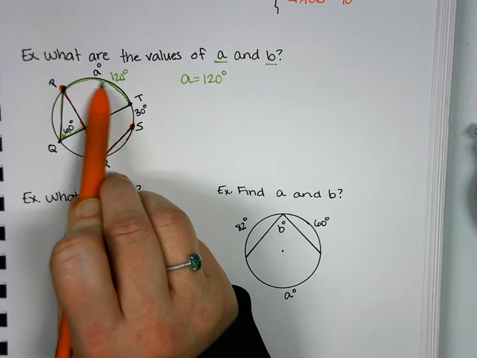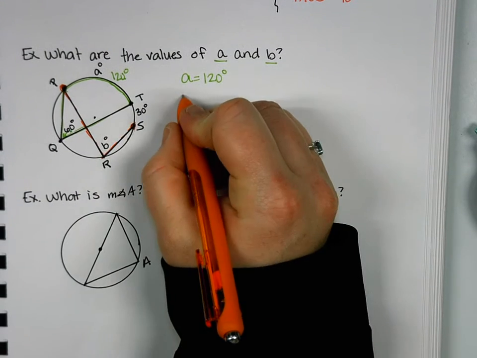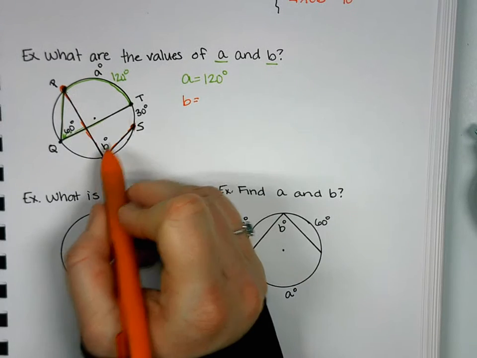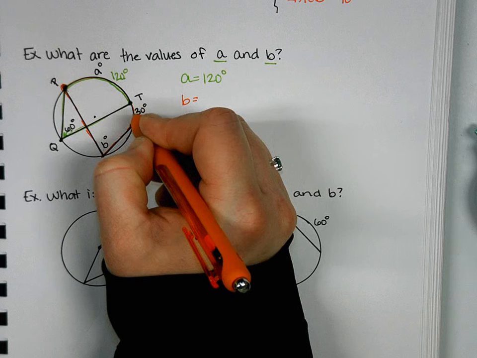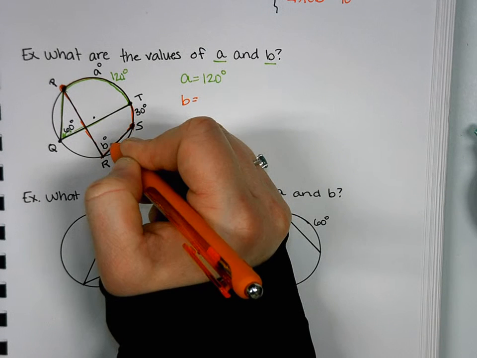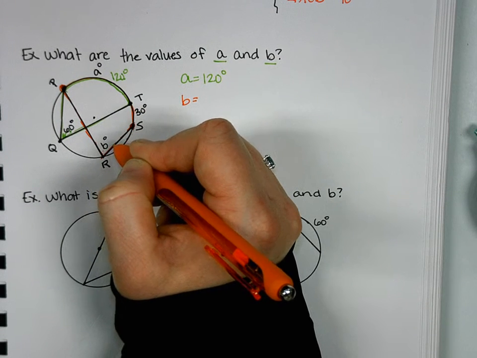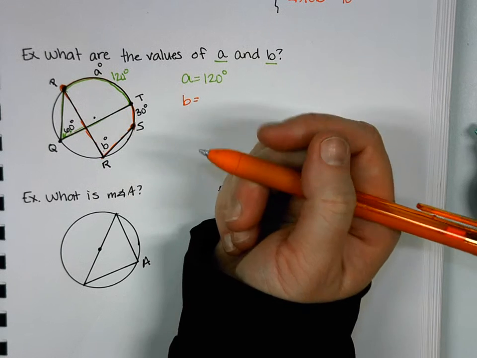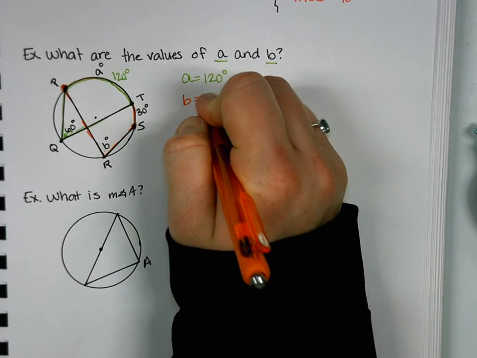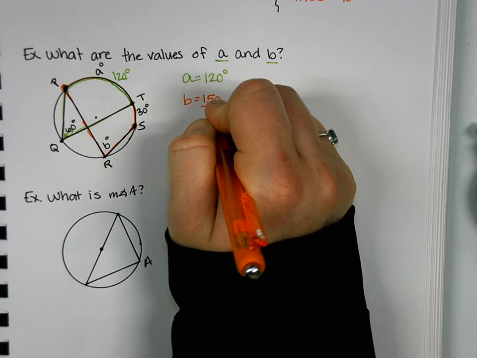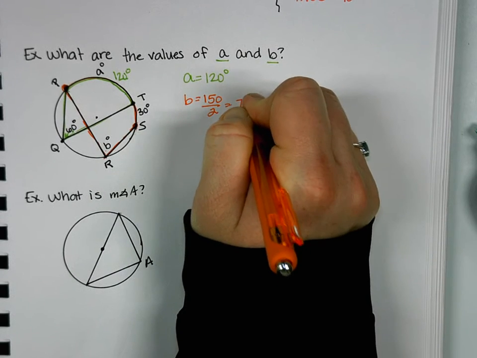It's 150. So for B, we're looking for the angle. If this whole arc is 150, what is the angle? 75, half of it. So 150 divided by 2, which is 75 degrees.